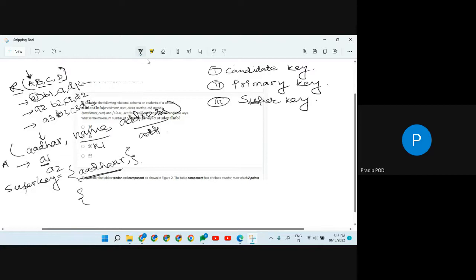That means Aadhaar, or you can add the name also. Aadhaar or name is also unique, so that can identify each person also. Similarly, whatever you can add, address also.